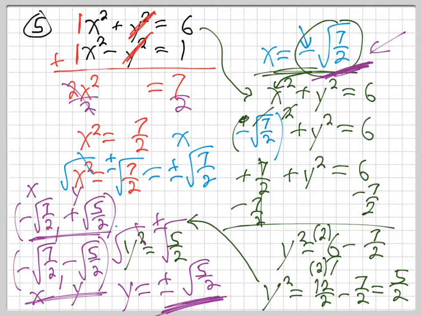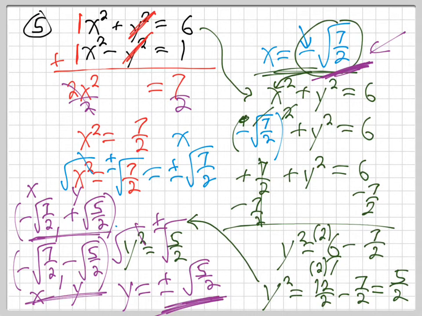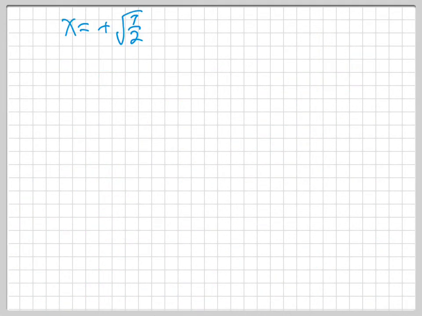Now we've got to do x is positive root 7 halves. Do that over here. Positive root 7 halves. And again, I'm going to grab the first equation: x squared plus y squared is 6. Plug this in for x right there.